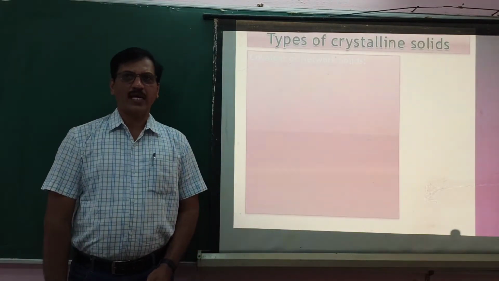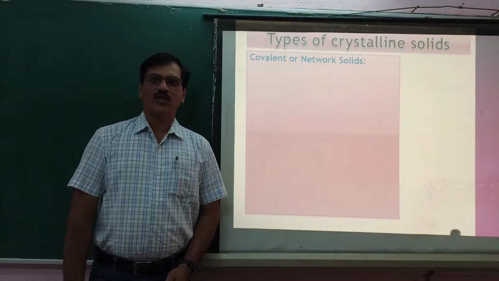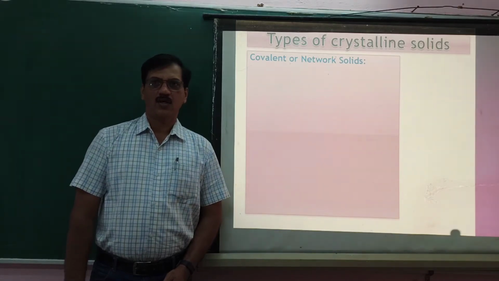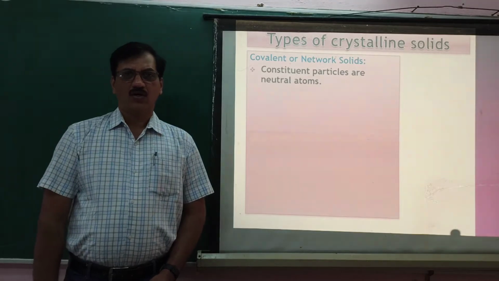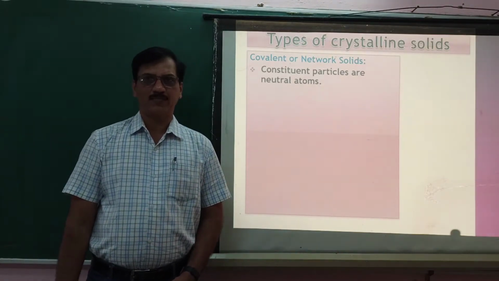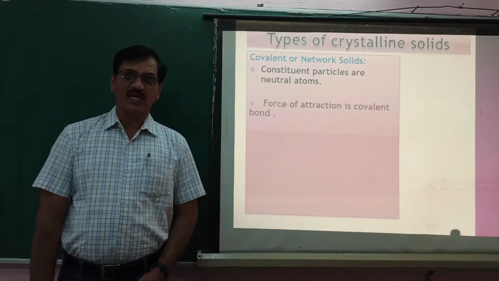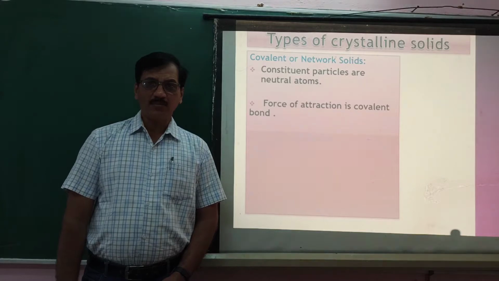Now the fourth type of crystalline solid is covalent or network solid. A covalent network solid consists of covalent bonds throughout the arrangement. The constituent particles are neutral atoms, but the force of attraction is covalent bond. Diamond is an example.